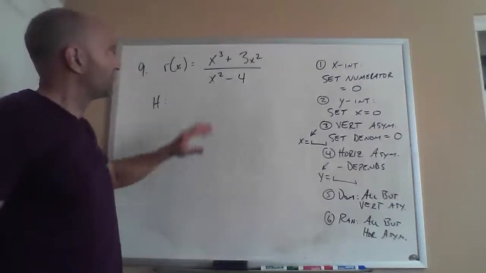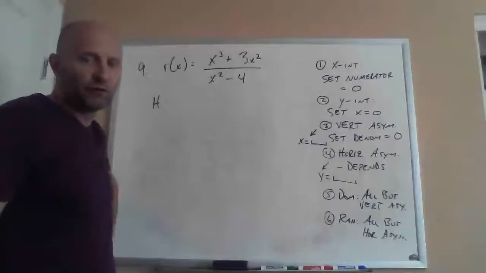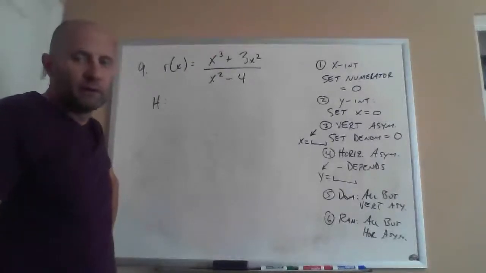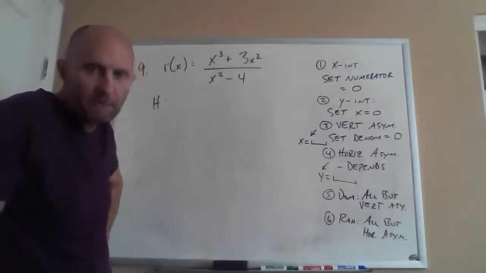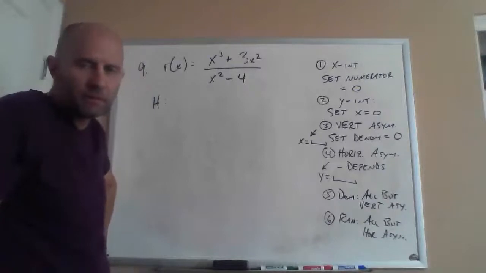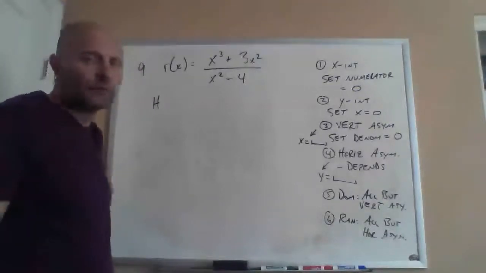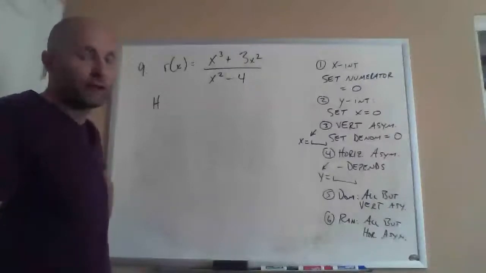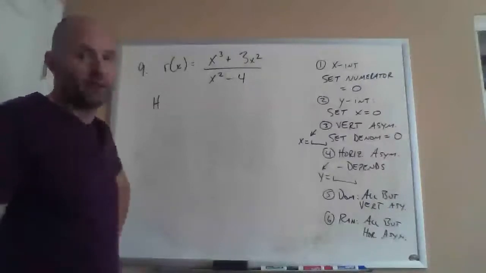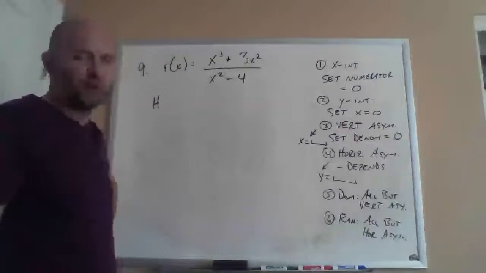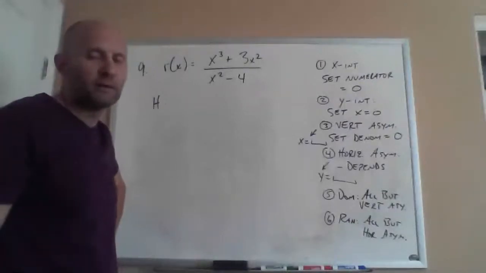So when I have this sort of case, I have an exponent that's larger in the numerator. So it's not y equals 0. That's when the larger number is in the denominator. So then it's the other option, which would be what?